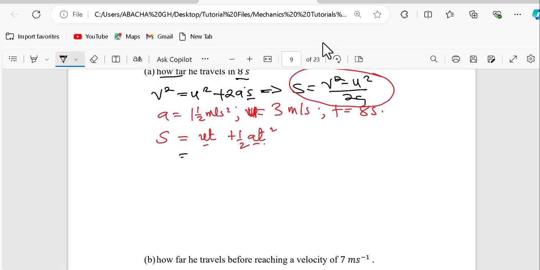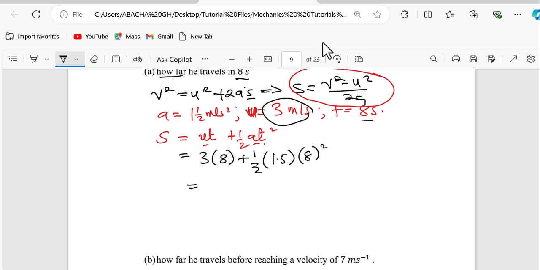That implies that we have s equal to u, which is 3, our t is 8, times 8, plus half a, our a is 1.5, times our t squared.